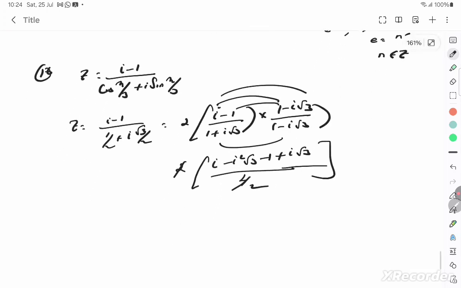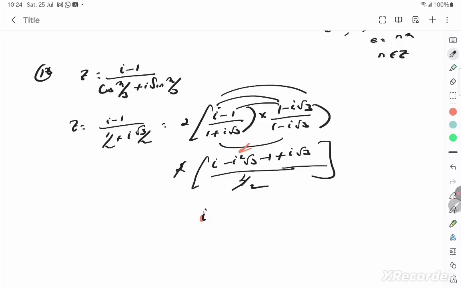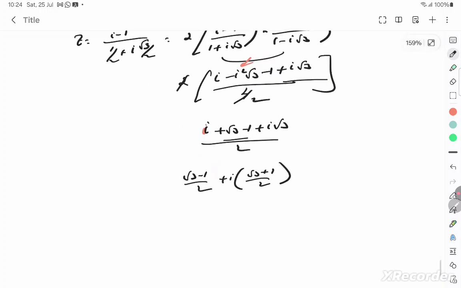I square itself is minus 1. So therefore you can write it as root 3 minus 1 plus i root 3 plus 1. So consolidating, the real part is root 3 minus 1 by 2 plus i into root 3 plus 1 by 2, and that's how you get the real part and the imaginary part.